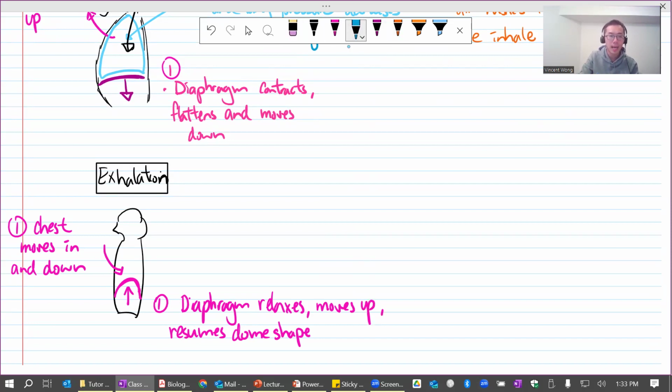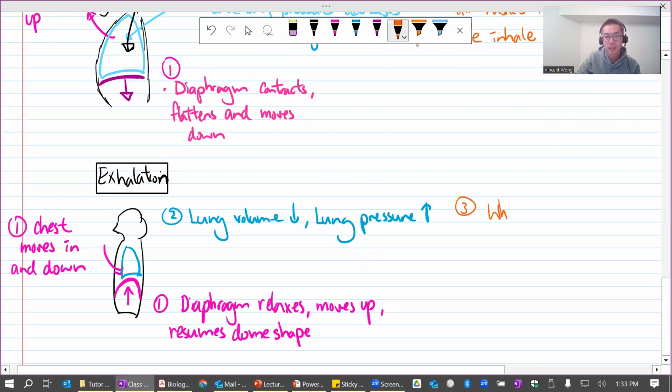Now together, the action of the chest and the diaphragm will cause the lung to be compressed. All right, so lung volume decreases, lung pressure increases.